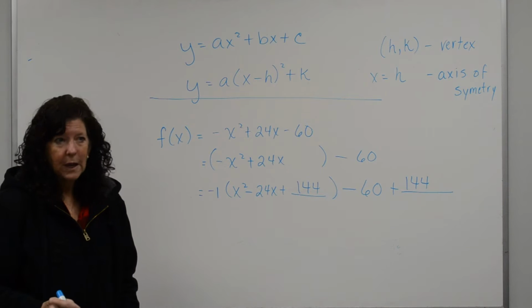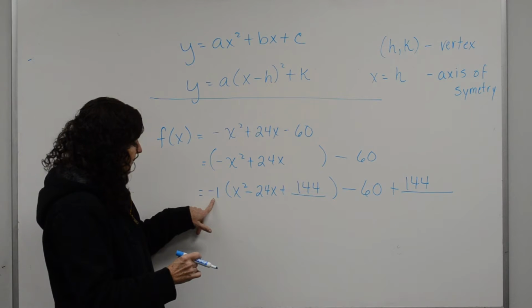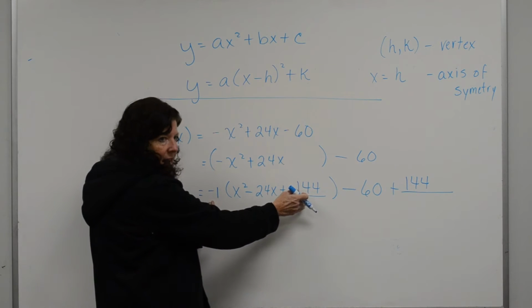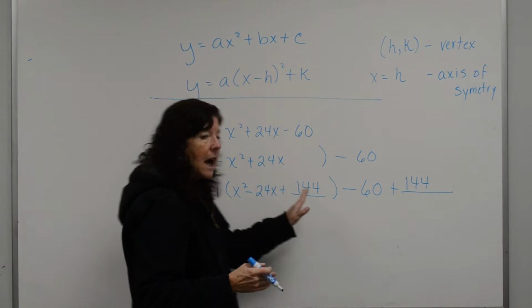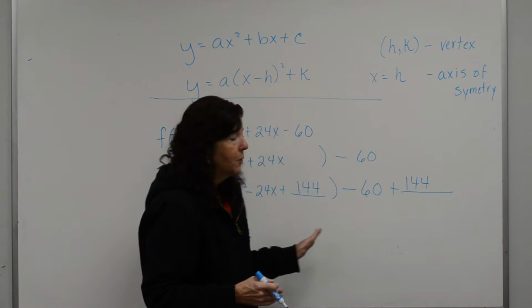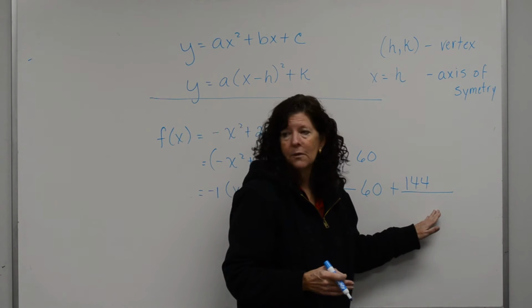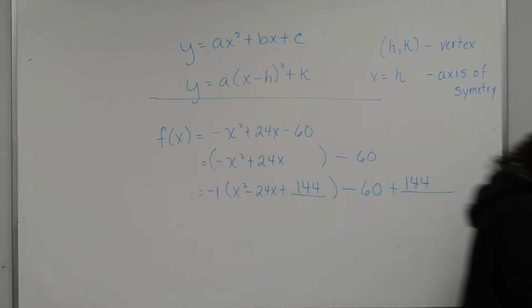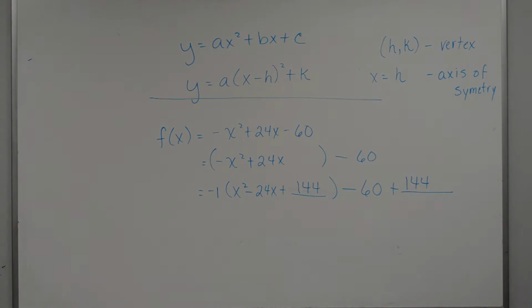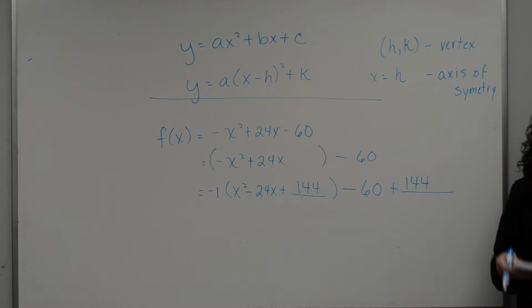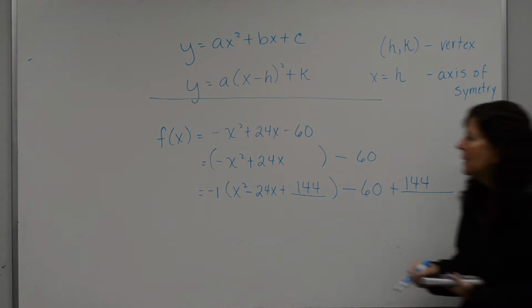Do we understand? This negative out here means that I've actually added a negative 144. The opposite of adding a negative 144 is to add a positive 144. Okay? Negative 144, positive 144 equals what? 0. Okay, so therefore I'm allowed to do it.